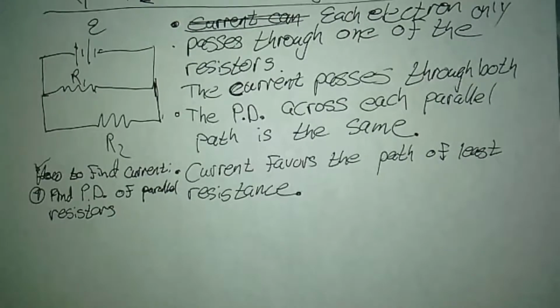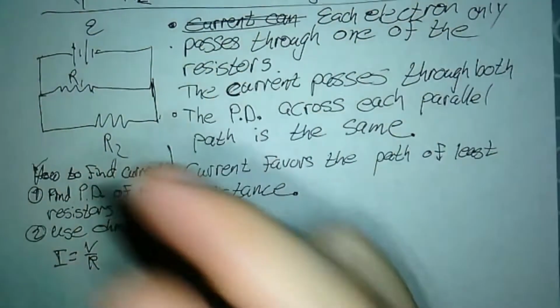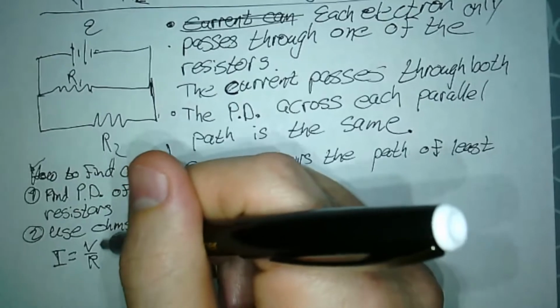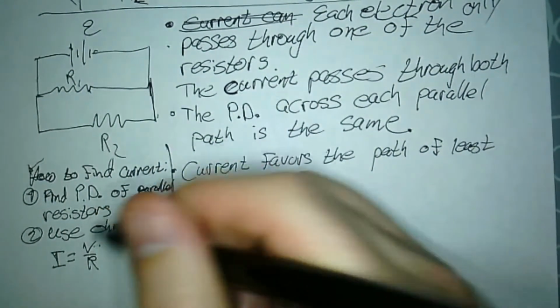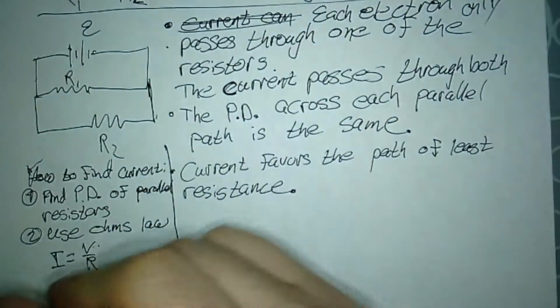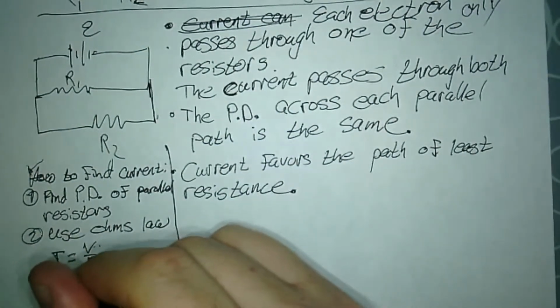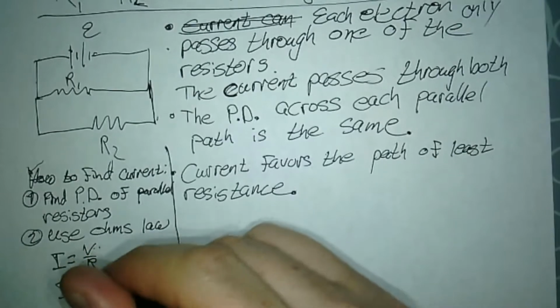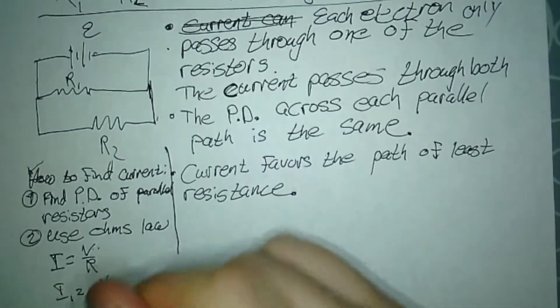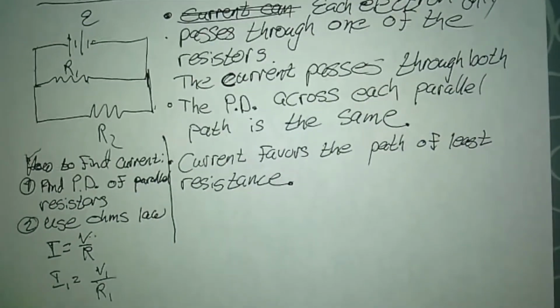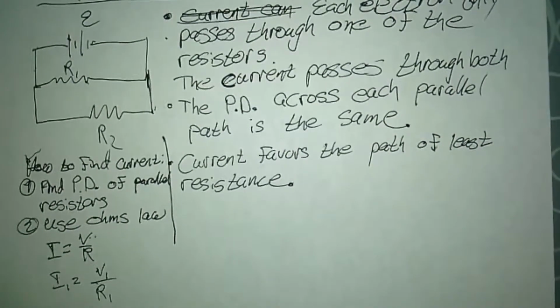And then your second step is going to be to use Ohm's law. Since you know the potential difference now, you can say the current is going to be that potential difference divided by the resistance. So if I wanted to know the current through resistor 1, that would be the potential difference across 1 divided by the resistance of that first path. Sound good? All right, let's move on.